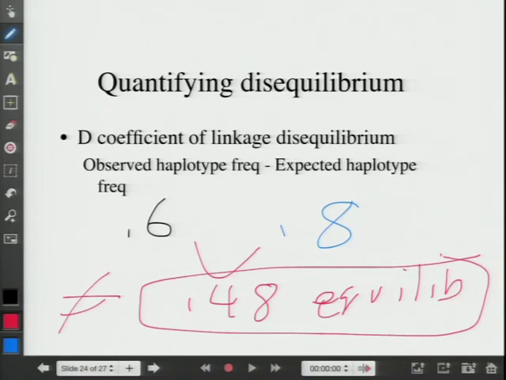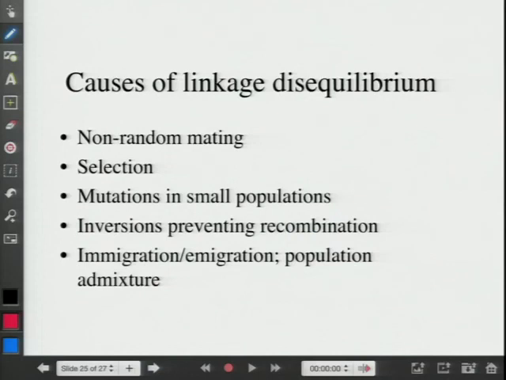The more recombination you get between them, the more it breaks down linkage disequilibrium and returns these haplotype frequencies to their equilibrium state. So that's the relationship between recombination rate and linkage disequilibrium.